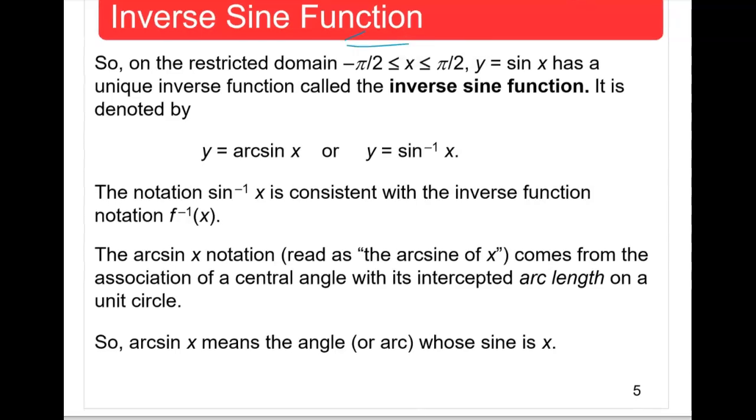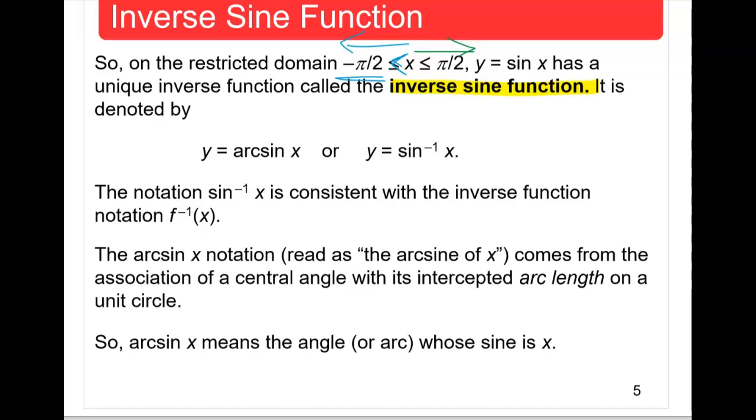It says x is greater than or equal to negative pi over 2, but also x is less than or equal to pi over 2. That's how we read it. So the function y equals sine of x has a unique inverse function called the inverse sine function.